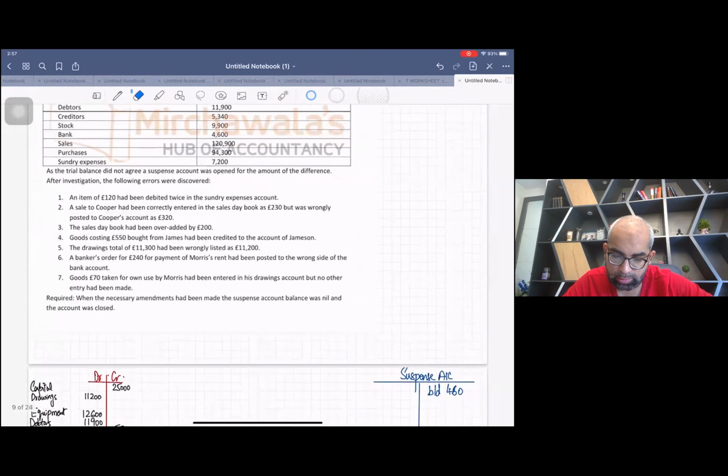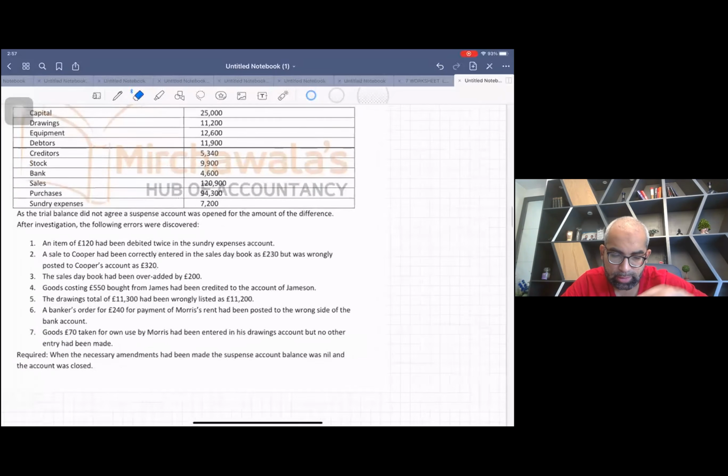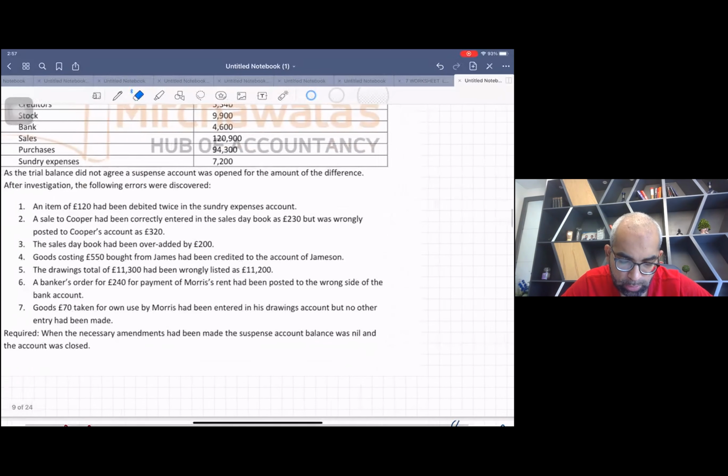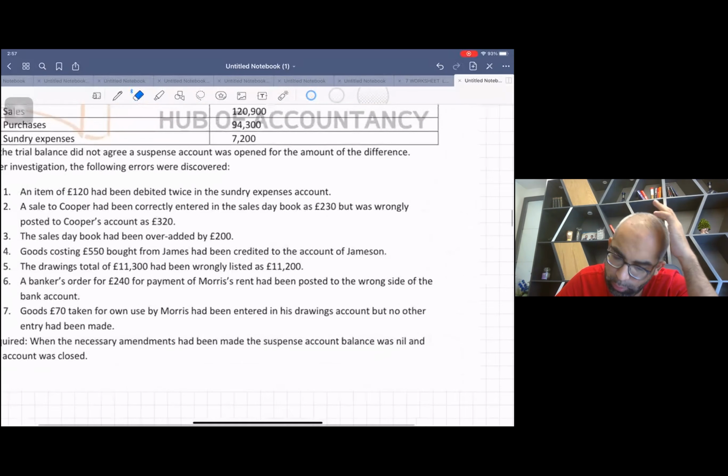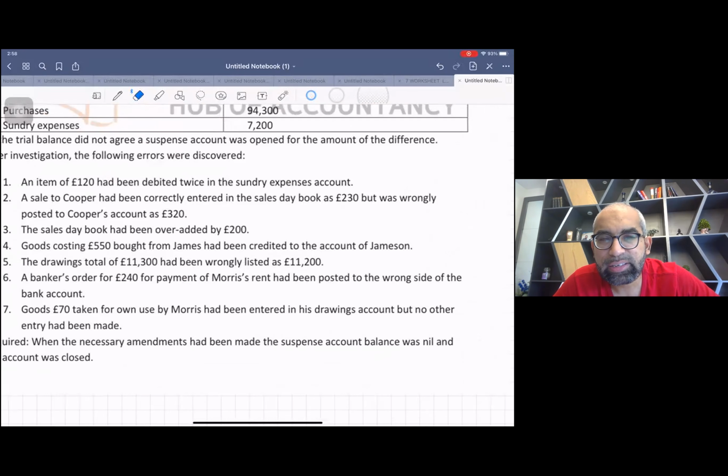Okay, so these are the errors. In total there are 7. An item of 120 had been debited twice in the sundry expense account. Read the first adjustment.